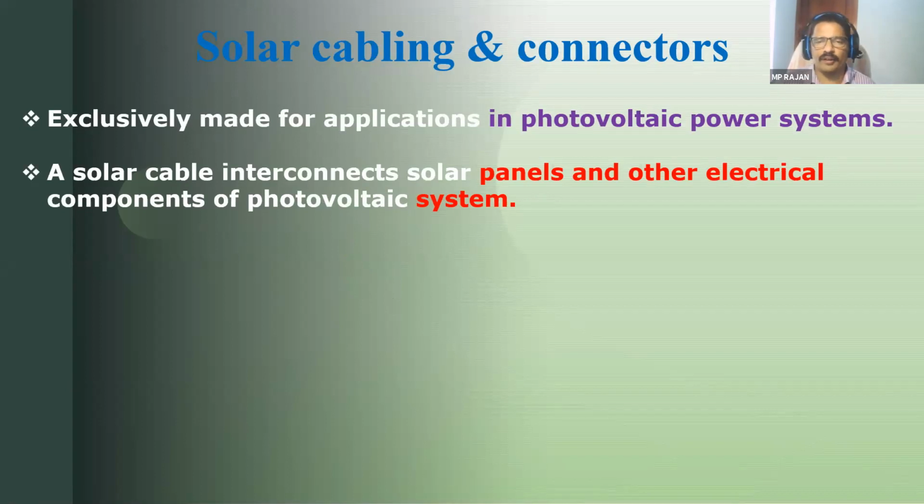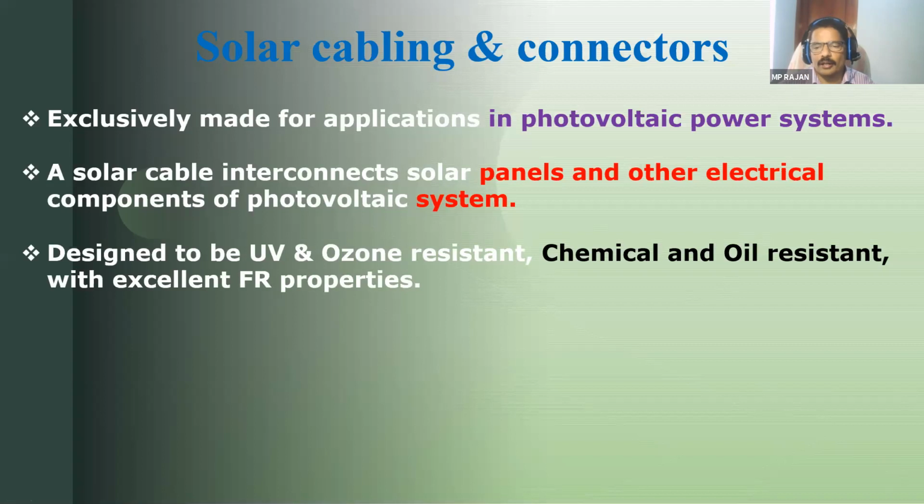In the first figure we saw connections from solar panel to AJB, AJB to isolator, isolator to charge controller, charge controller to battery, then charge controller to inverter, inverter to AC isolator, AC distribution board, and then to the load. So both AC cables and DC cables are required.